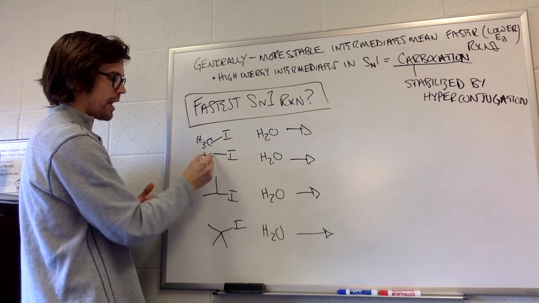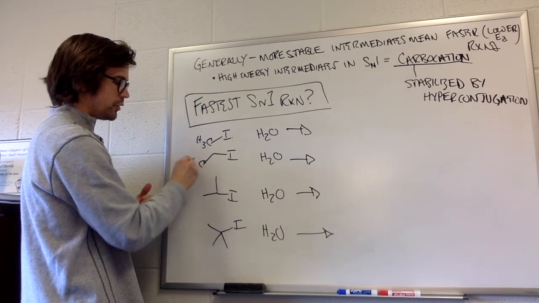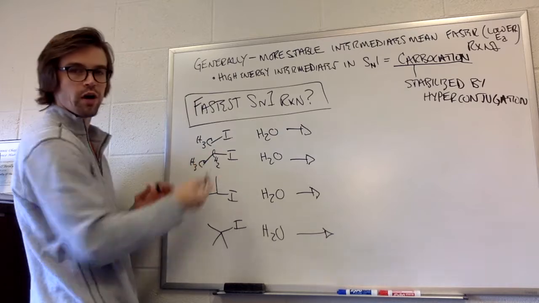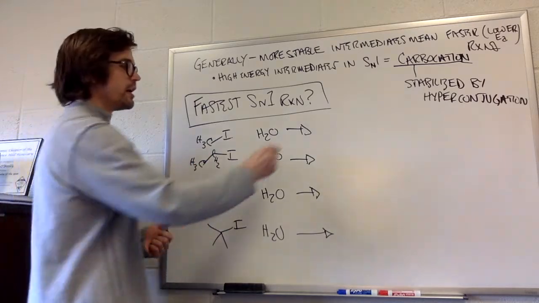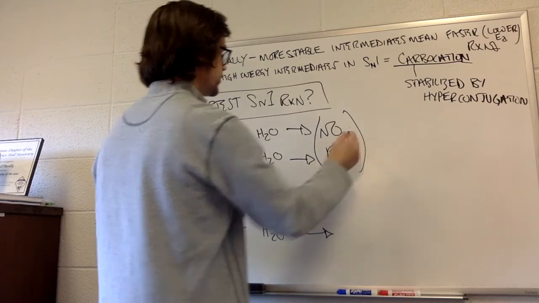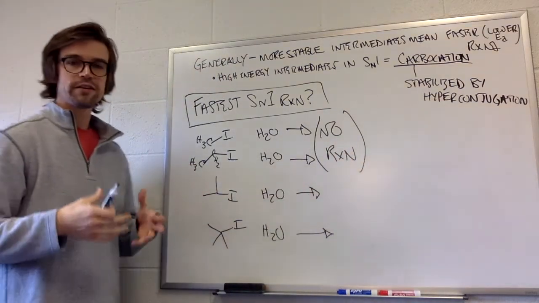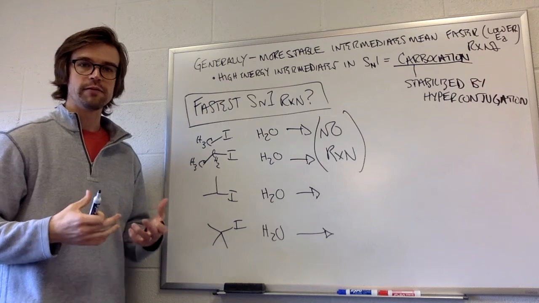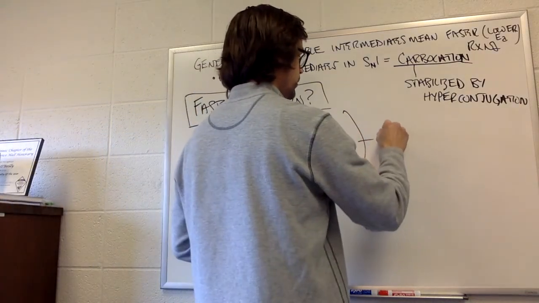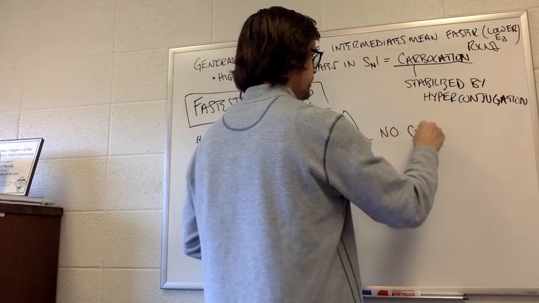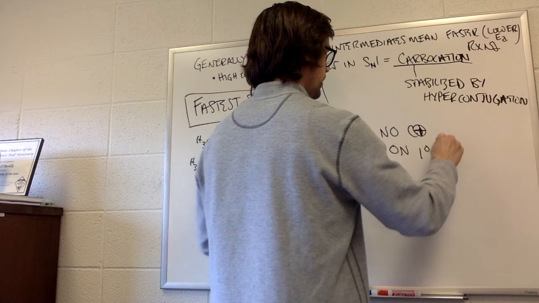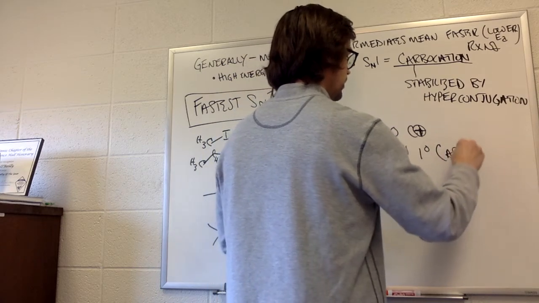This iodide left, we'd have it just attached to a CH2 and a CH3, so we'd only have one group hyperconjugating. Both of these are going to lead to no reaction. So essentially, we can't form a carbocation if we don't have at least two groups hyperconjugating. So we might as well write that here too: no C plus on primary carbocations.